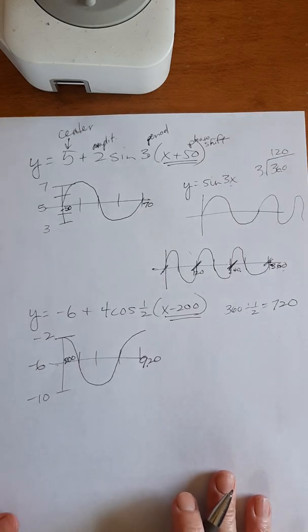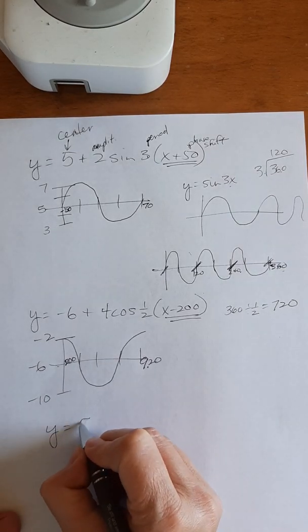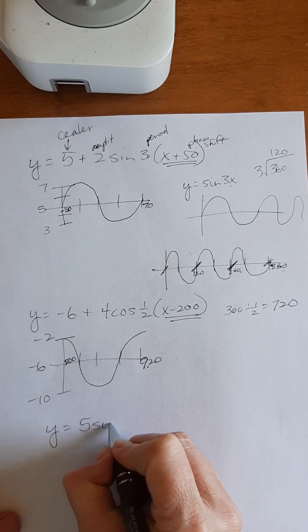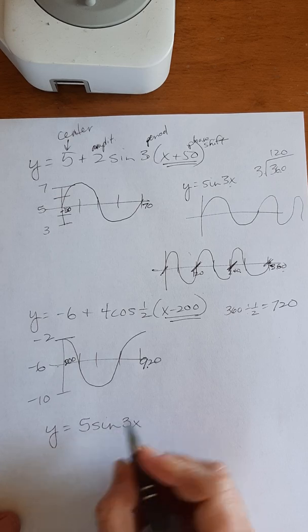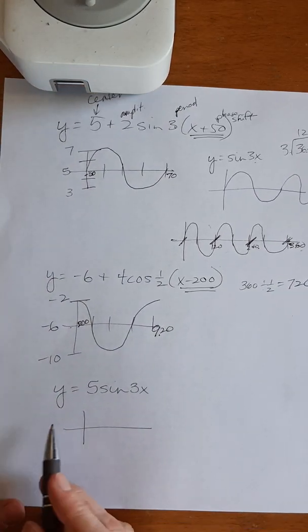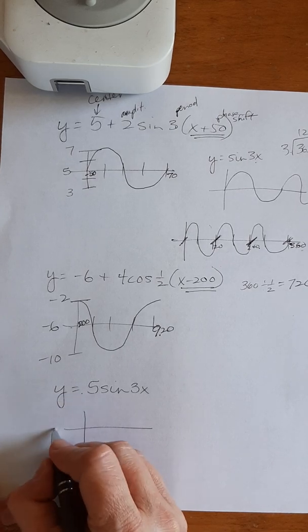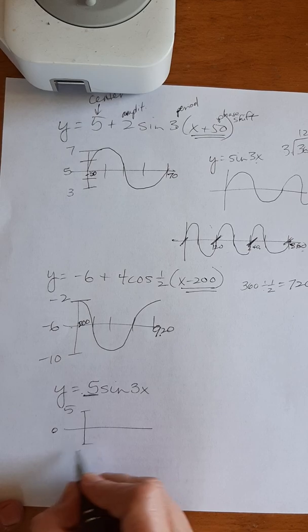Now let's put some things away and see something like this. Notice how there's nothing out front. So the center line is 0. This 5 is our height.